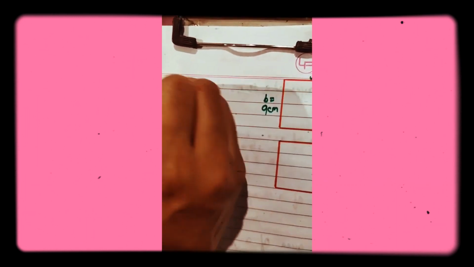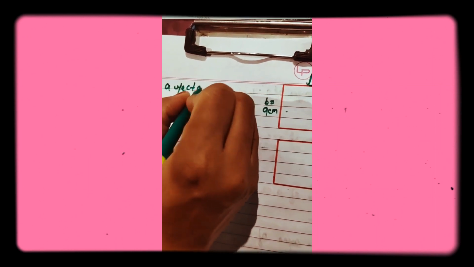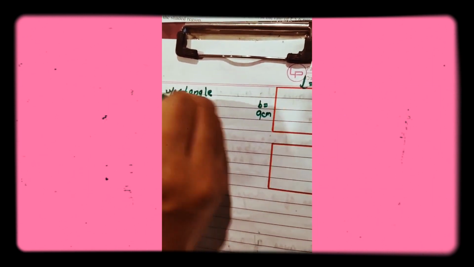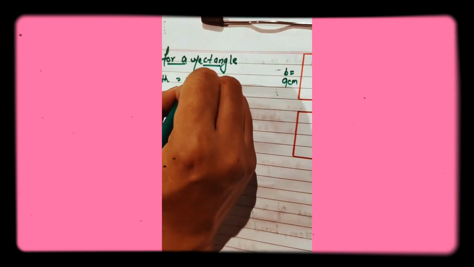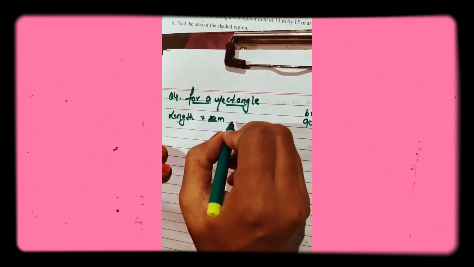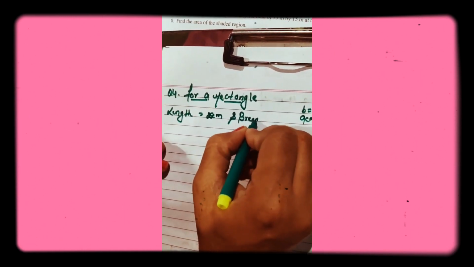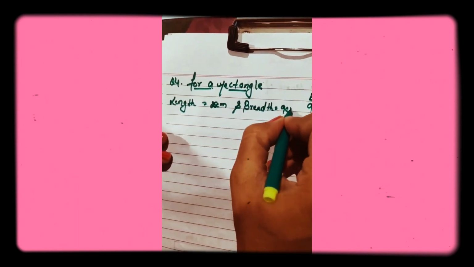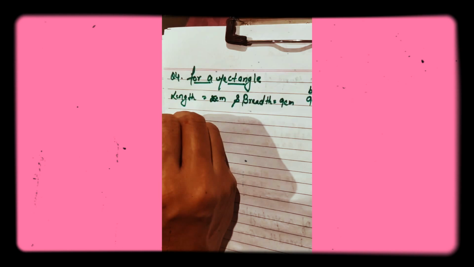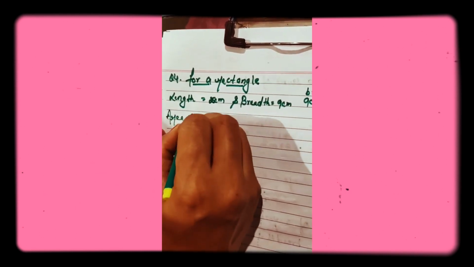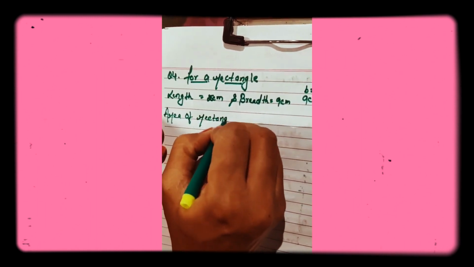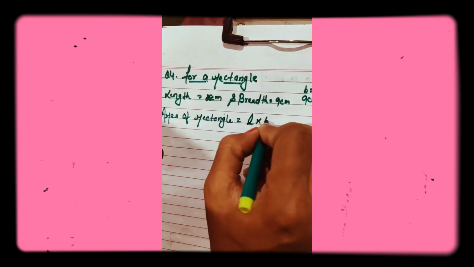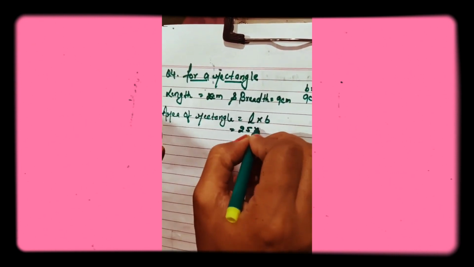First of all, we have to write for a rectangle. Length equal to 25 centimeter and breadth equal to 9 centimeter. Area of rectangle equal to length into breadth. 25 into 9.